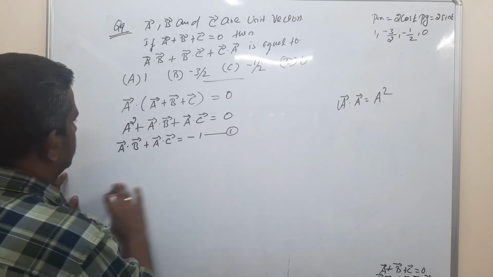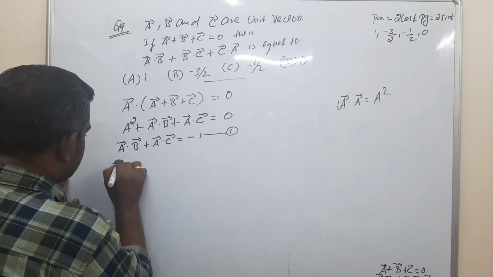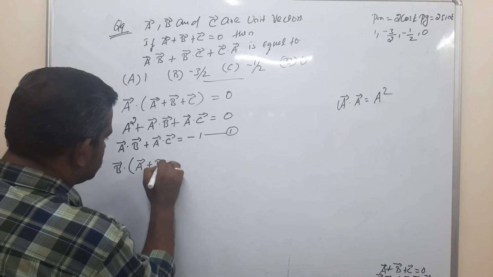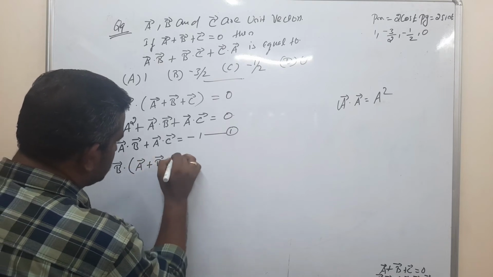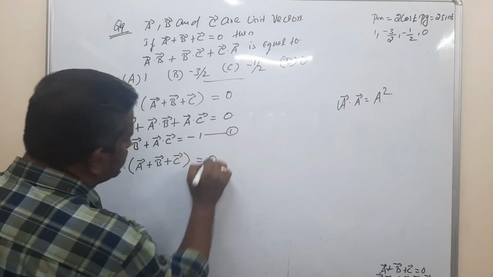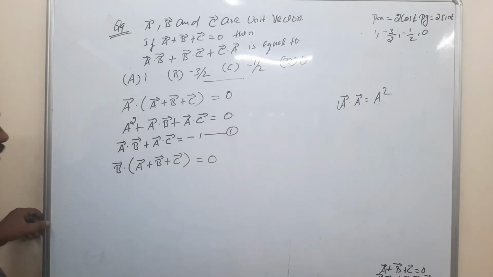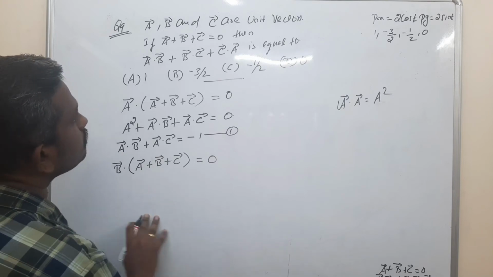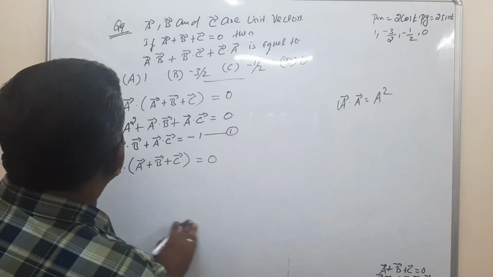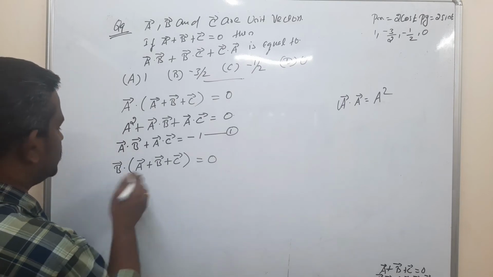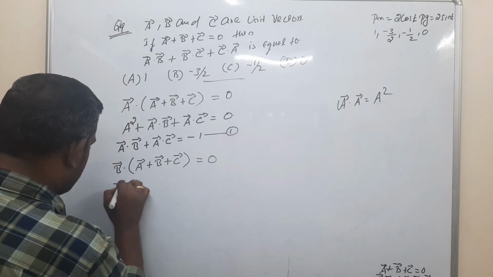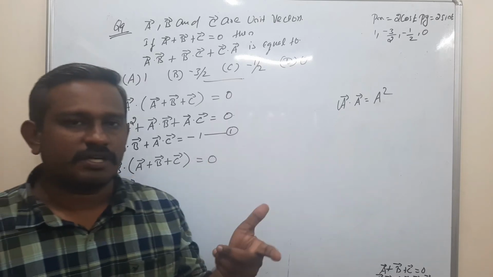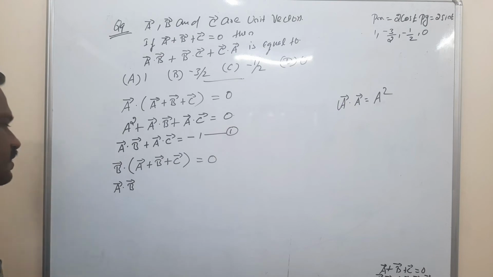Then B vector dot A vector plus B vector plus C vector is equal to 0. B vector dot A vector we can write as A vector dot B vector, because the dot product is commutative.